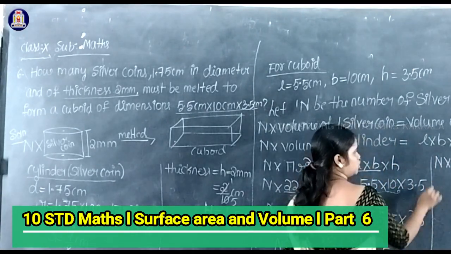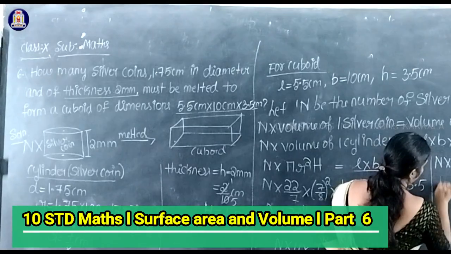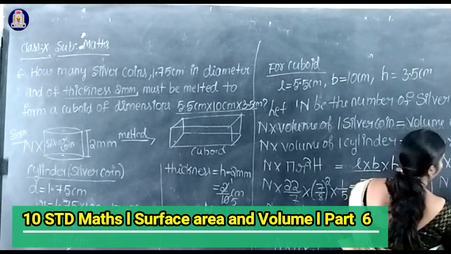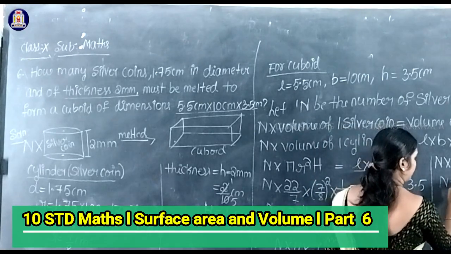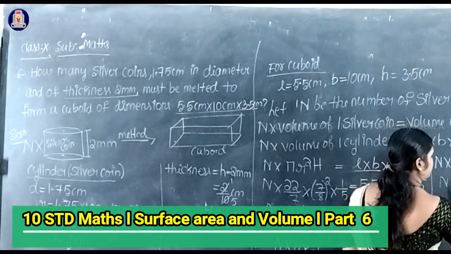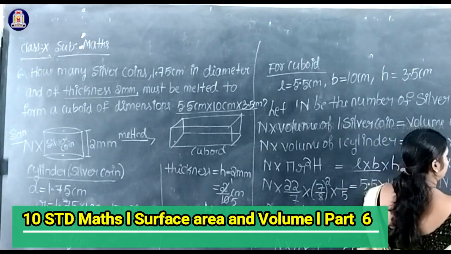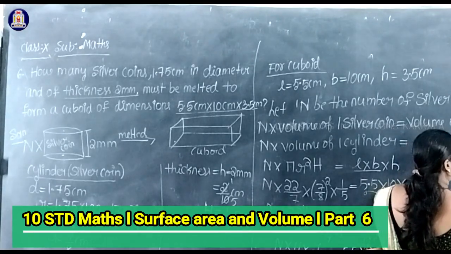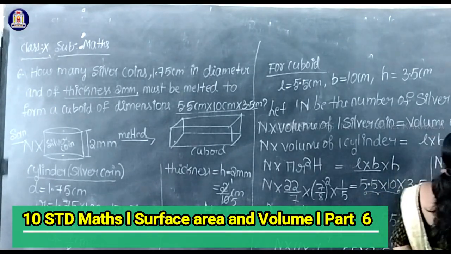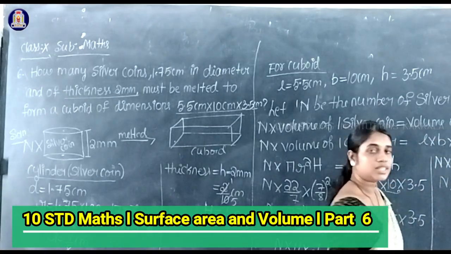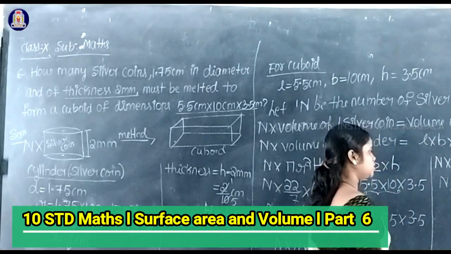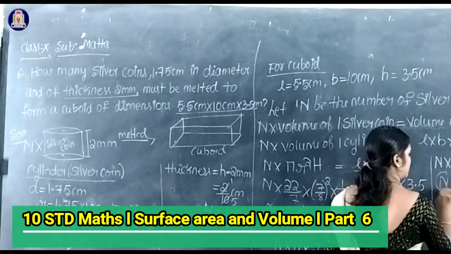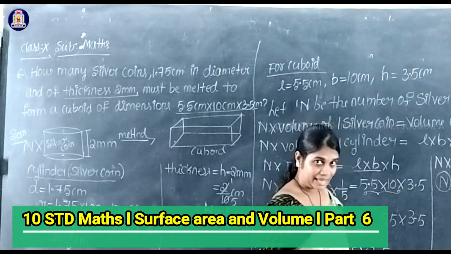Okay, yes. So now we'll simplify. n into 11 into 7 equal to how much? 77 equal to 55 into 3.5 into 4 8s are how much? 32 into 5. Okay students, now we are going to calculate the value of n.